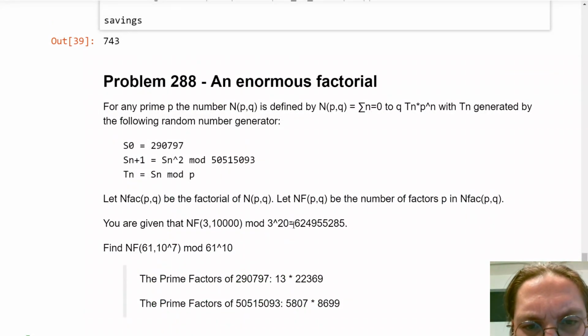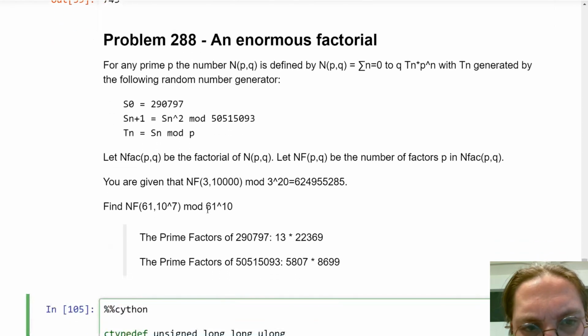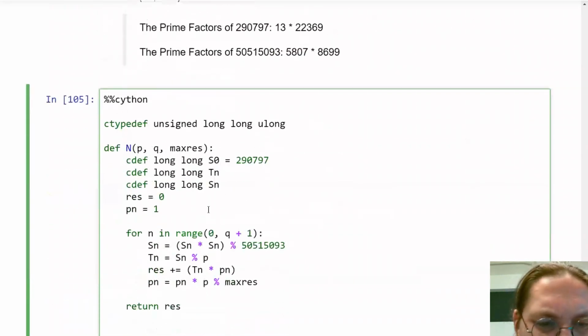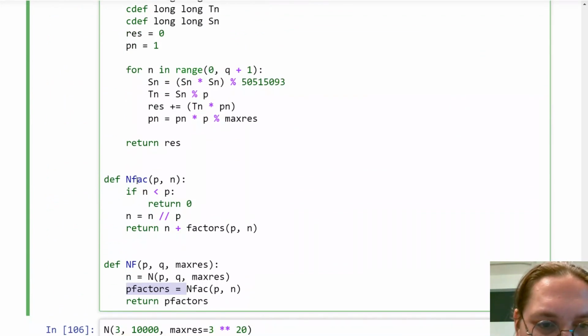So this is not even, and so this is nf. No. So nfac is not, that's not nfac. This is in fact nf. This is nf. Yeah, okay. Well, it's a recursive nf.